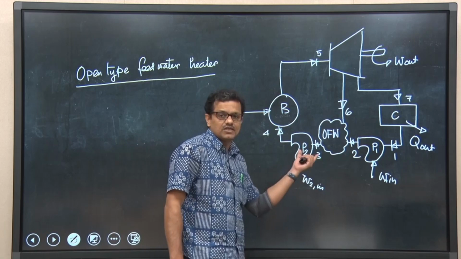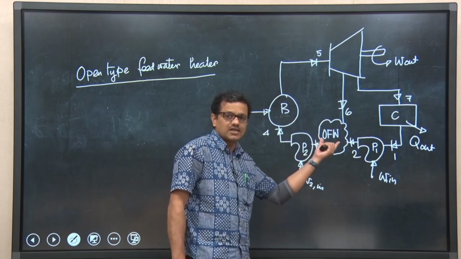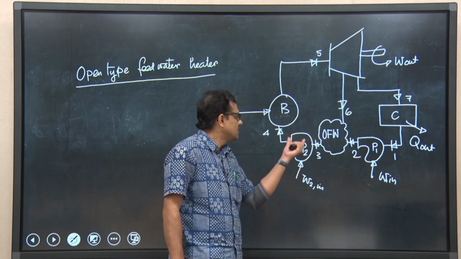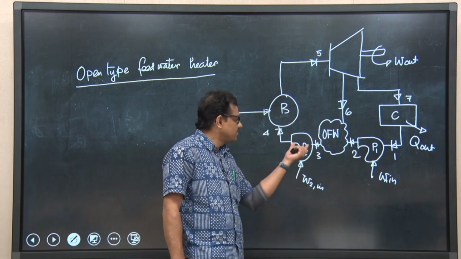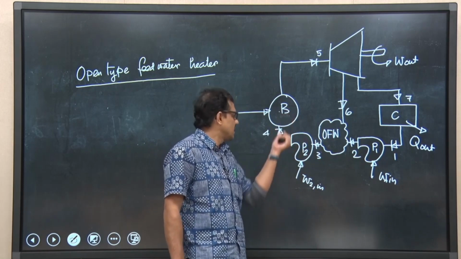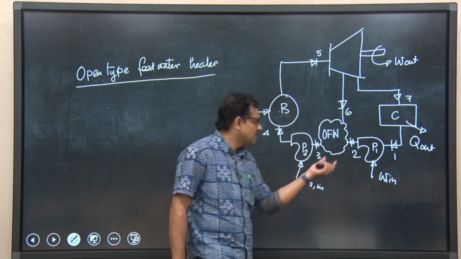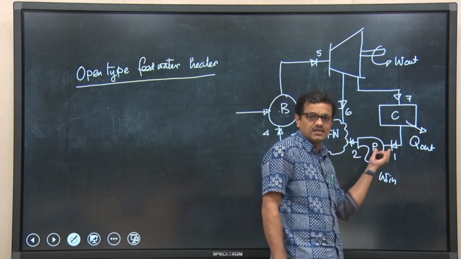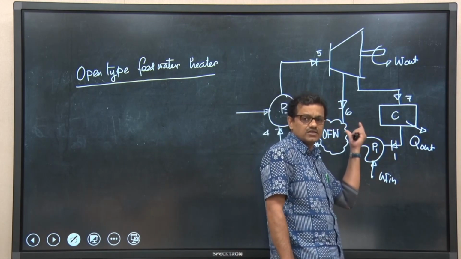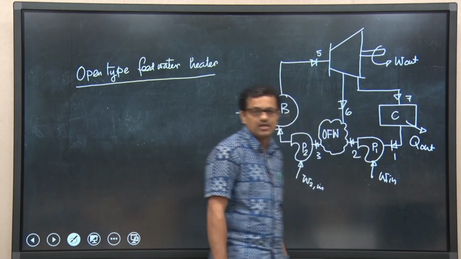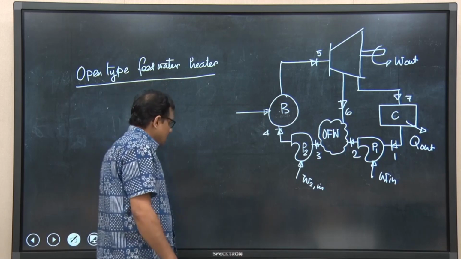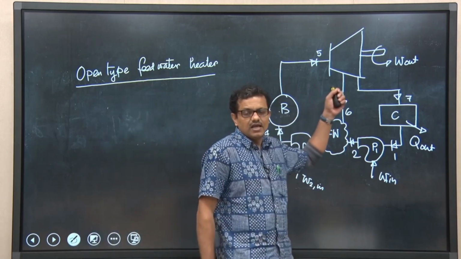This pump is required to build pressure of the mixture coming from the open type feed water heater, raising it to the boiler pressure, and that is why the second pump is there. The first pump is essential to build pressure of the feed water to ensure efficient mixing between these two streams. Okay. So, this is the description.